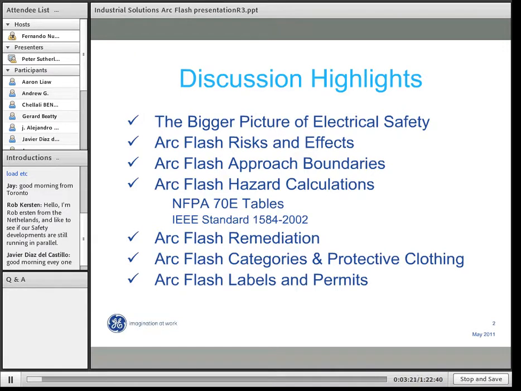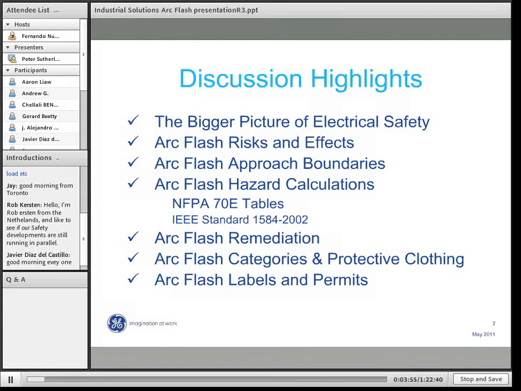Now, when you have an arc flash hazard, there's two basic things you can do. You can do remediation to reduce the hazard, and you can also wear protective clothing to protect yourself against the hazard. And there are also labels which are required to be placed on equipment where arc flash hazards exist, and we'll discuss those and show some examples.